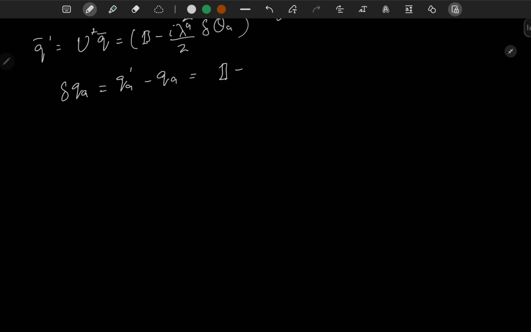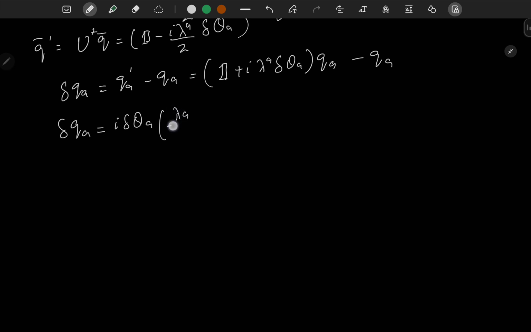Identity plus iota lambda A delta theta A, Q A minus Q A, and that will be nothing but this: iota delta theta A lambda A upon 2. I'm writing it in components form.